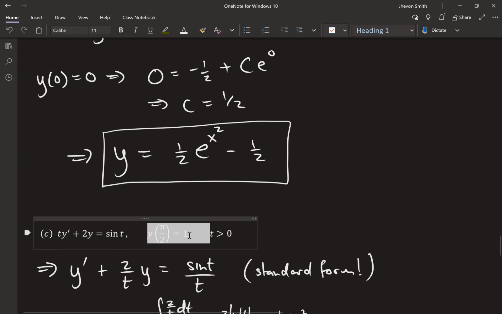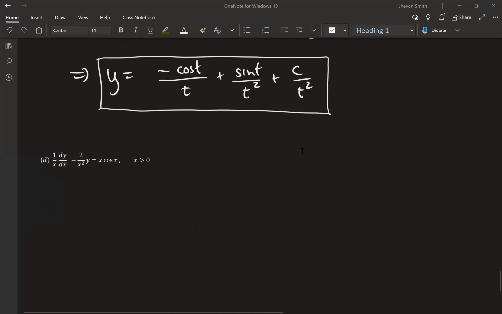Yes. Okay, so we were given an initial condition. Thanks for reminding me. I forgot that for this one we had an initial condition. So once you're given an initial condition, yes, you have to find the c. So we were given that y of pi over 2 is 1.